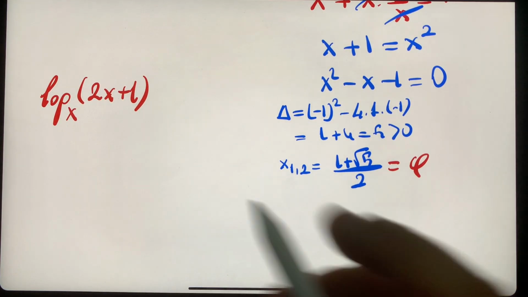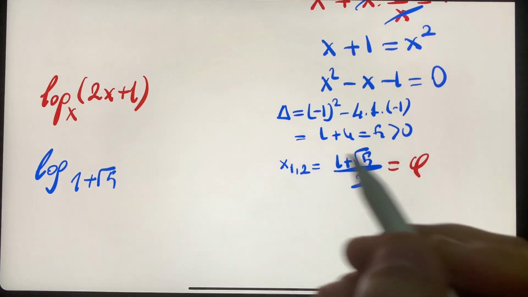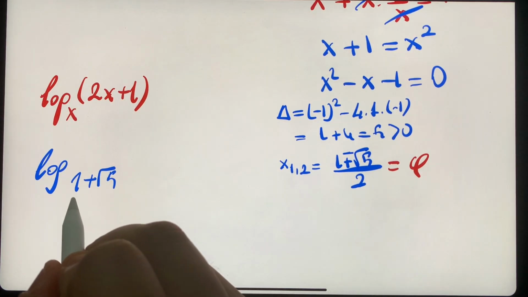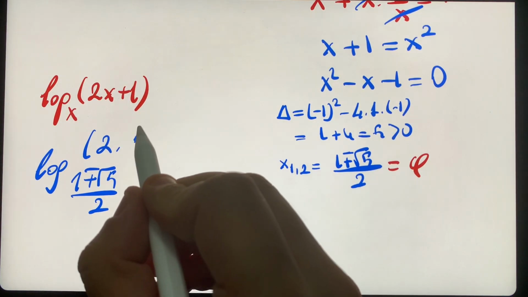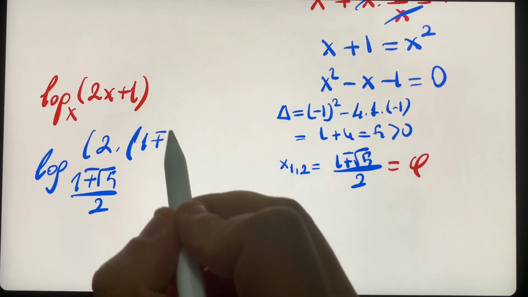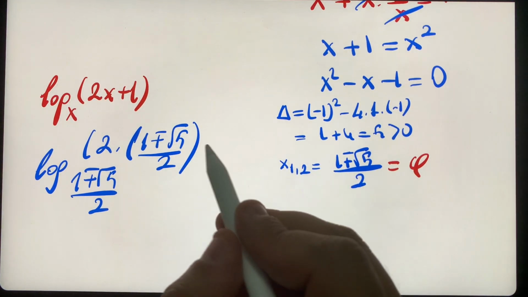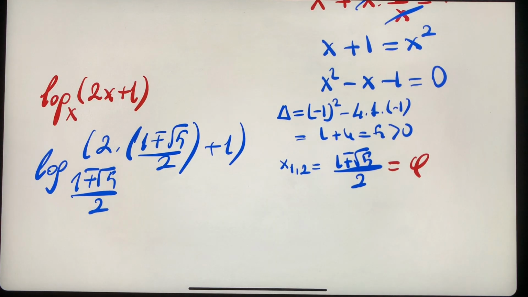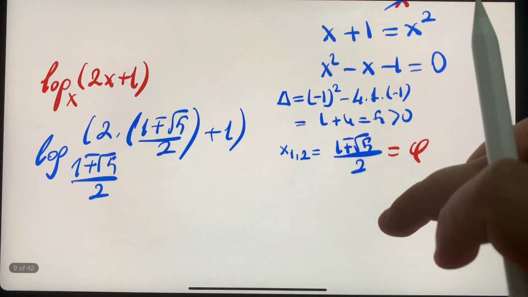I'm writing the value I found in place of x: logarithm base 1 plus root 5 over 2 of 2 times open brackets, 1 plus root 5 over 2, plus 1. So this expression is really hard to calculate.